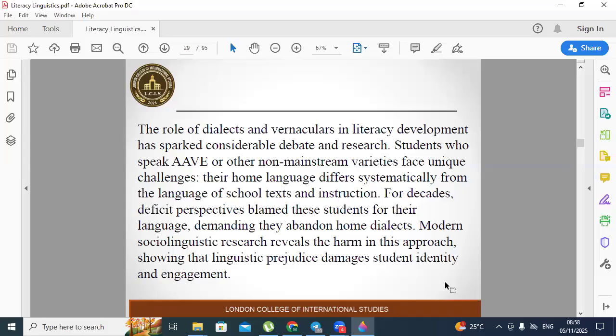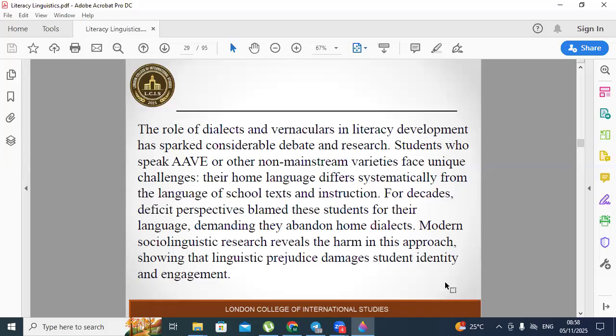Students who speak African American Vernacular English, or other non-mainstream varieties, face unique challenges in literacy education. Their home language differs systematically from the language of school texts and instruction. This creates a linguistic gap that must be navigated.